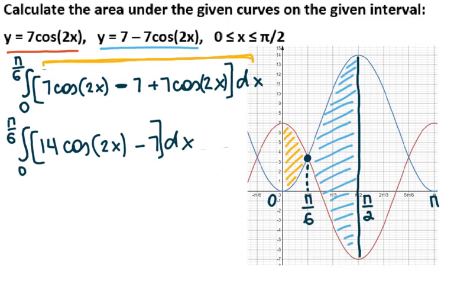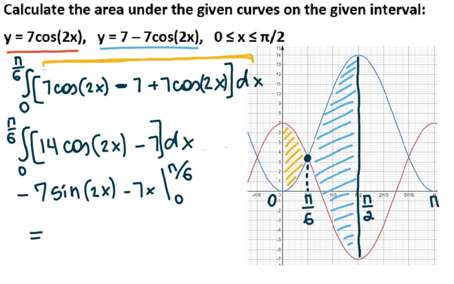Taking the integral of this, we will get 7 sine 2x minus 7x with the limits of integration between 0 and pi over 6. And that will give me 7 times sine of 2 times pi over 6, which gives pi over 3.